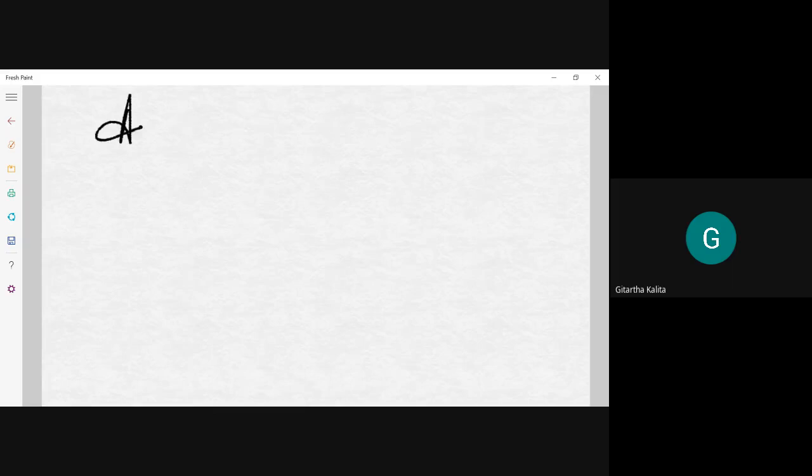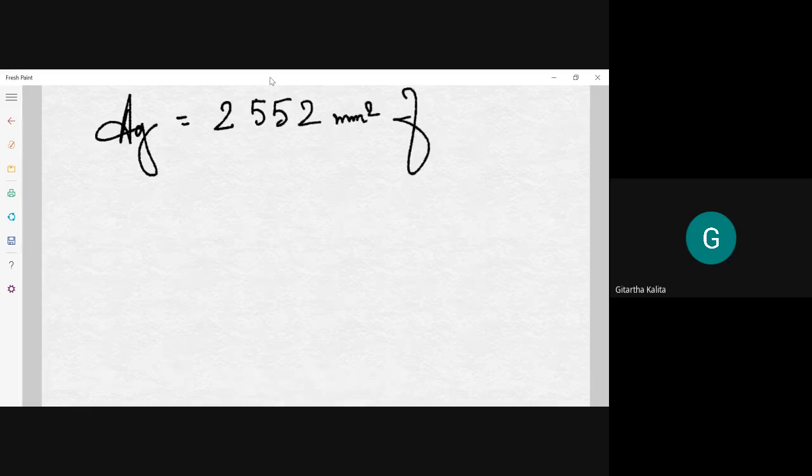So gross area is how much? It is already 2552 we are getting, for one section.